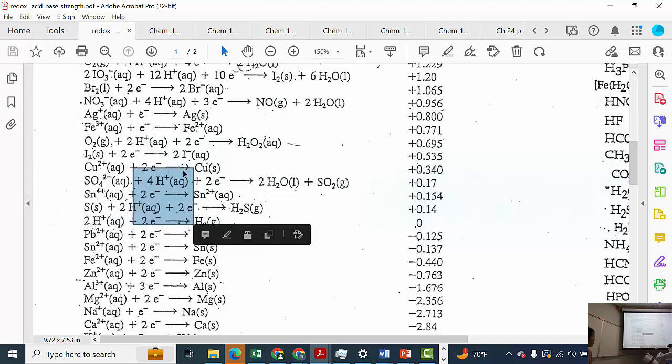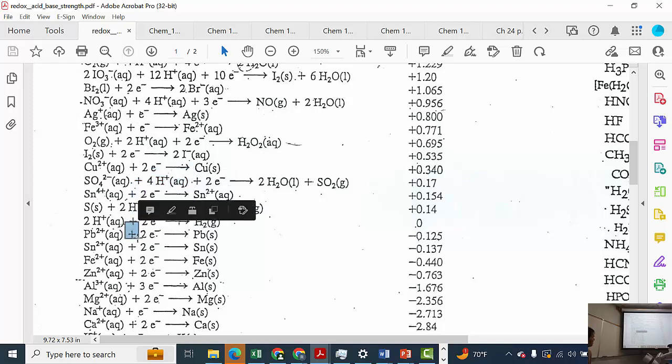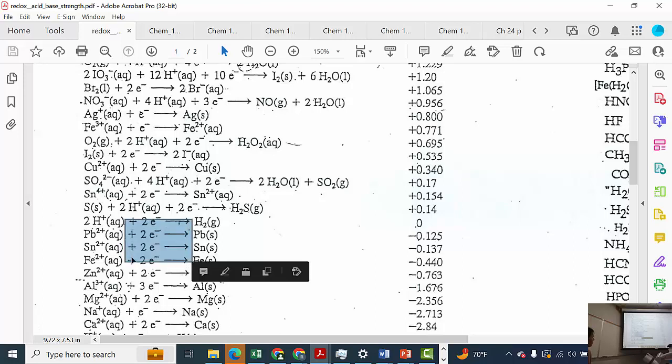So if H+ tried to attack copper, then the copper would be converted to copper 2+. Is that uphill or downhill? Going from H+ to copper 2+. That's uphill. That's not downhill. And then copper would be replaced by hydrogen. Well, that's uphill as well. But what about, will H+ attack iron? Is there any problem with that?